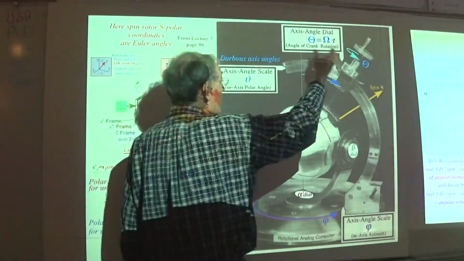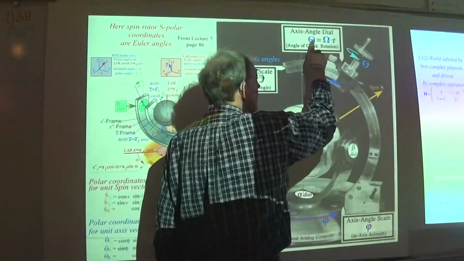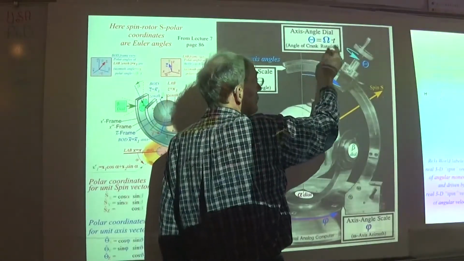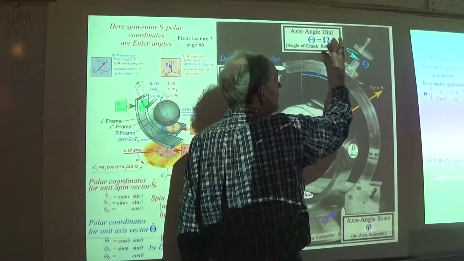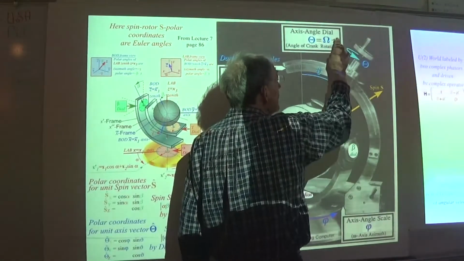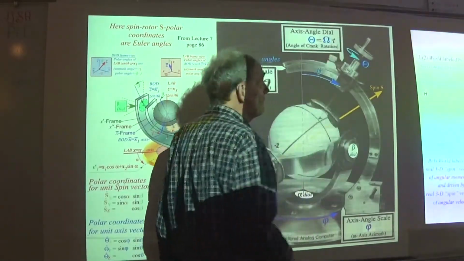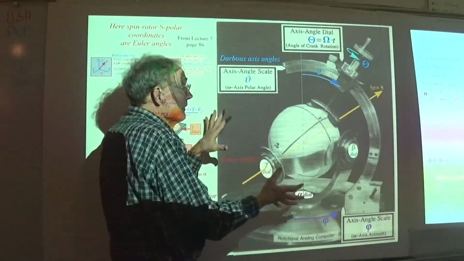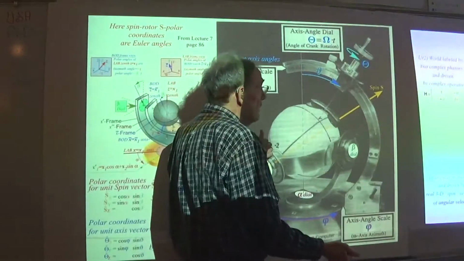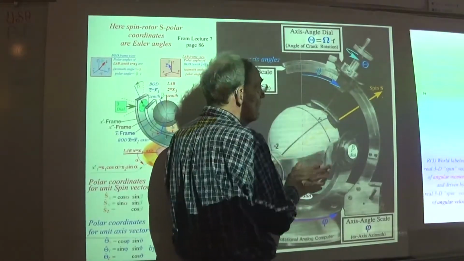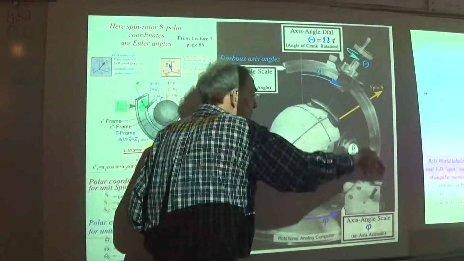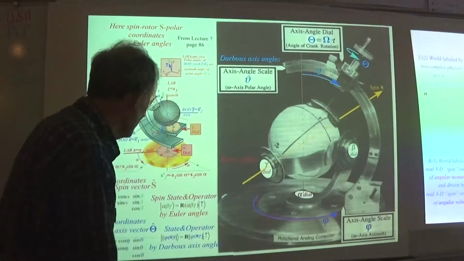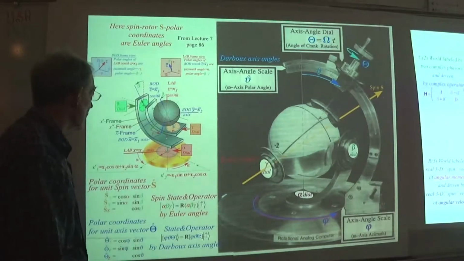And then finally, how much do you turn, okay? The uppercase theta, which is going to be the uppercase omega, that's an angular velocity times time. And that's the thing the Hamiltonian provides. So this is describing the Hamiltonian that's going to work on this state. So it's these kind of angles versus these kind of angles, we've got to relate them, or we have a disaster here.